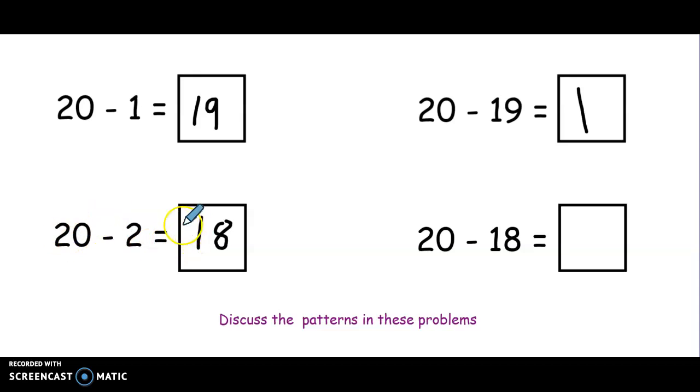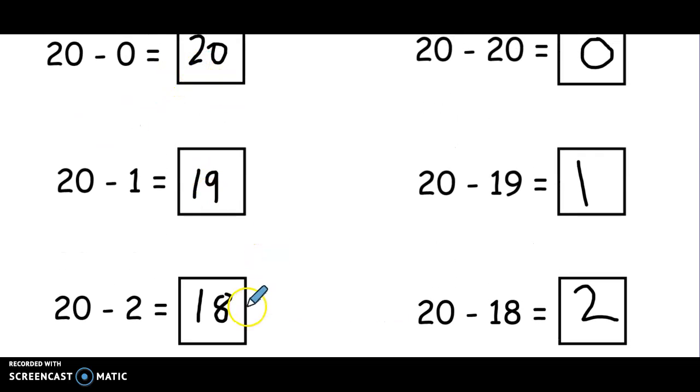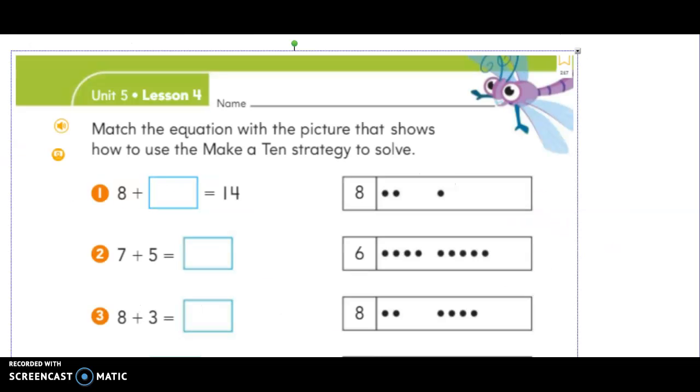So if we look back to this equation, you might be able to tell 20 take away 18 is, yep, 2. Let's look at our answers really quick. We have 20, 19, 18, and we have 0, 1, 2. Aha, a pattern.